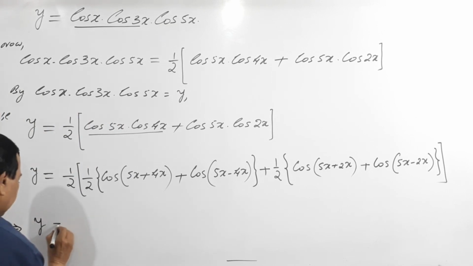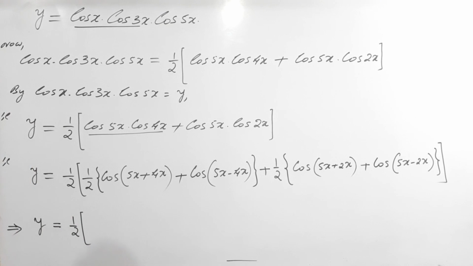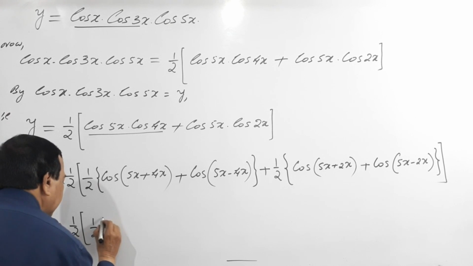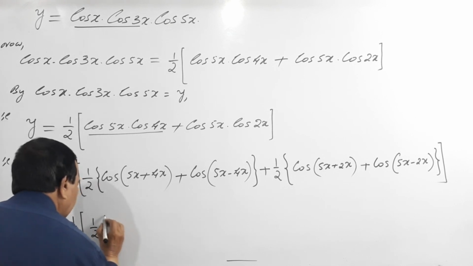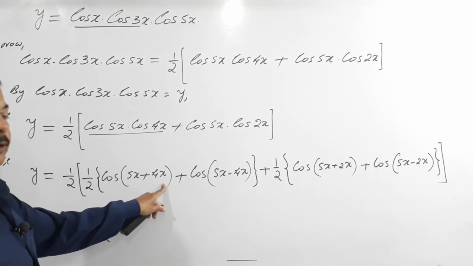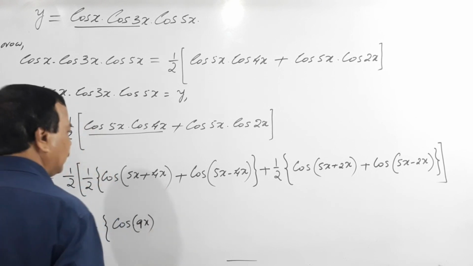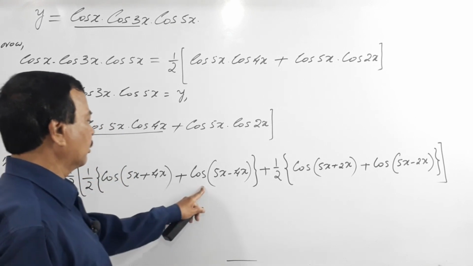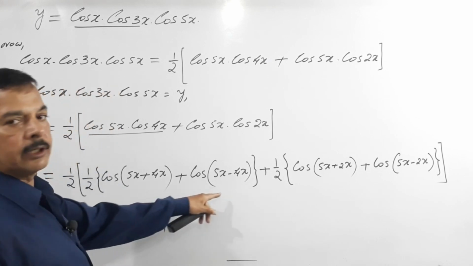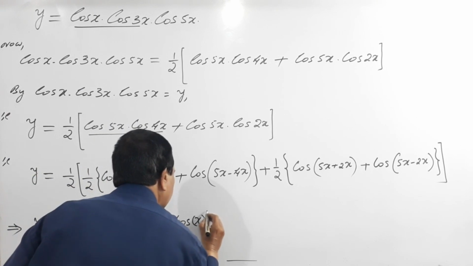Y equals half, here we have half, this becomes cos 5x plus 4x is 9x, plus cos of 5x minus 4x is cos x.